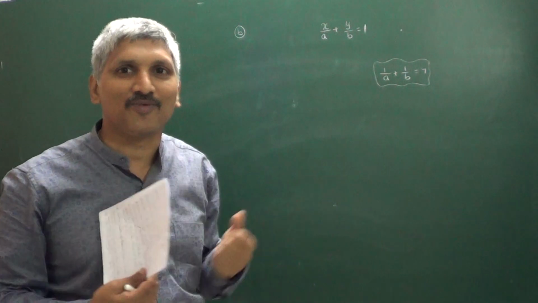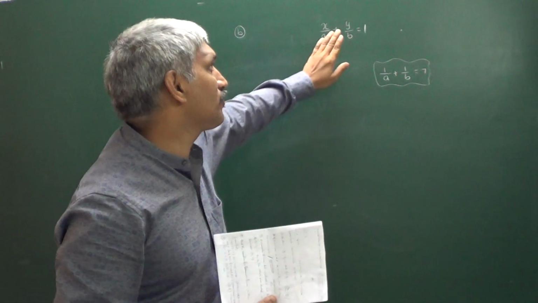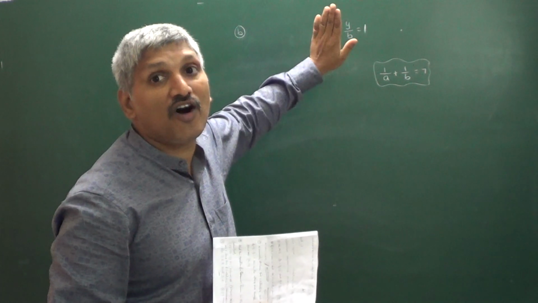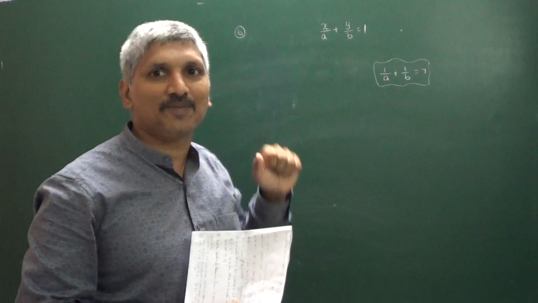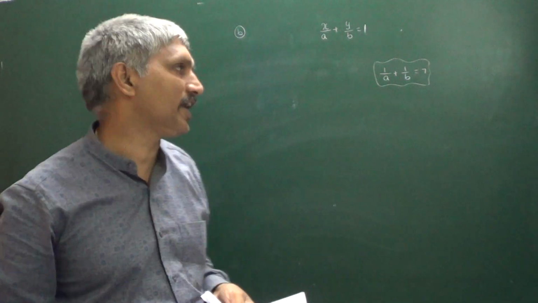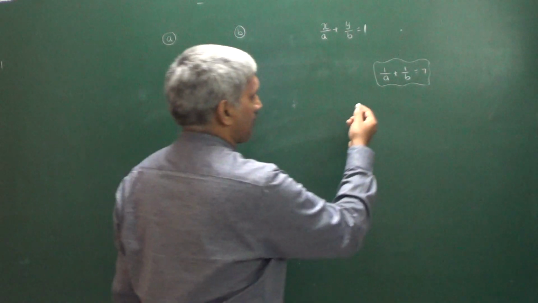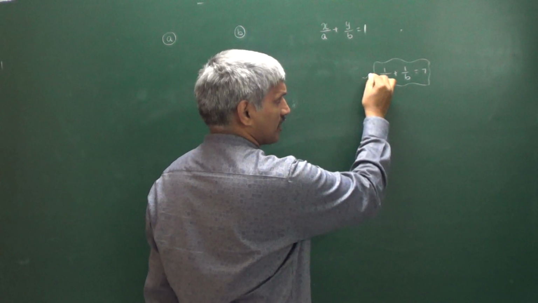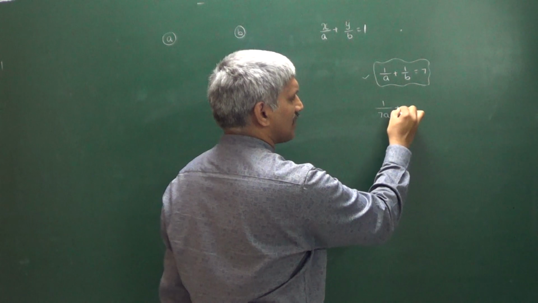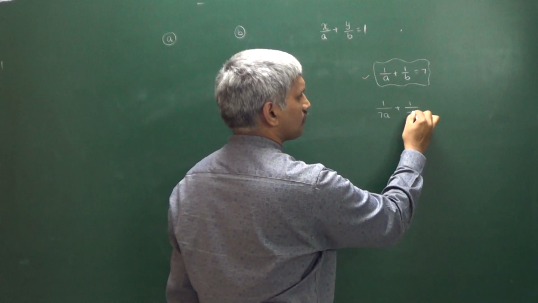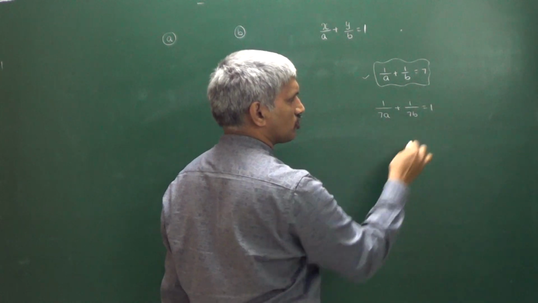What is that fixed point? That means the point of concurrence of the family of lines whose x-intercept is A and y-intercept is B. That we have to find out. Now observe here what happens. This is the given condition. I can write that as 1 by 7a plus 1 by 7b is equal to 1.